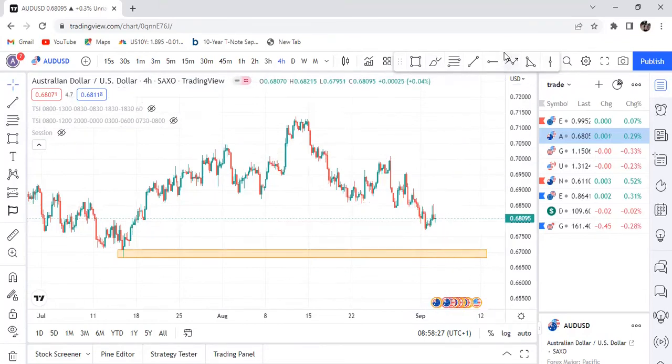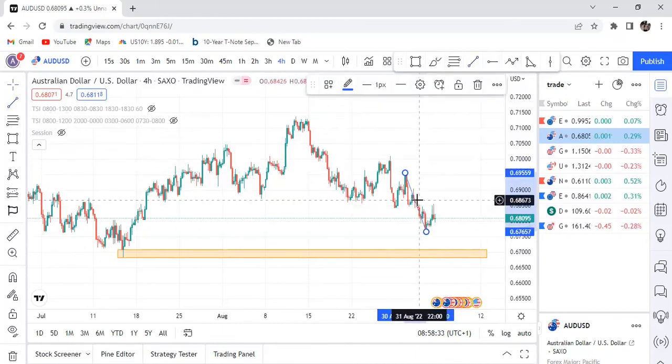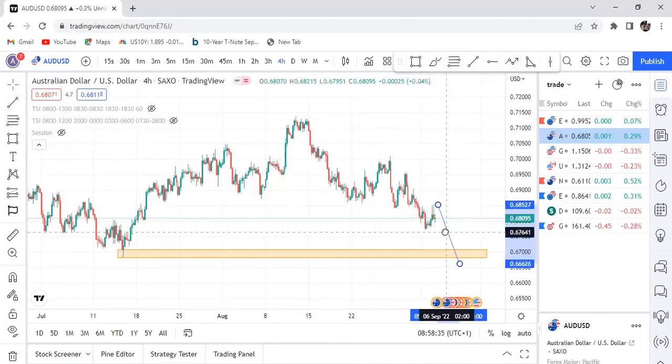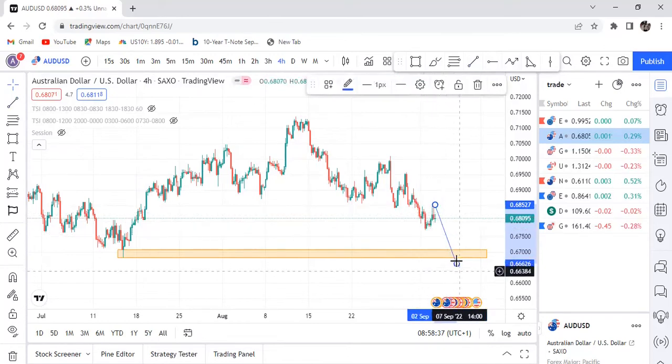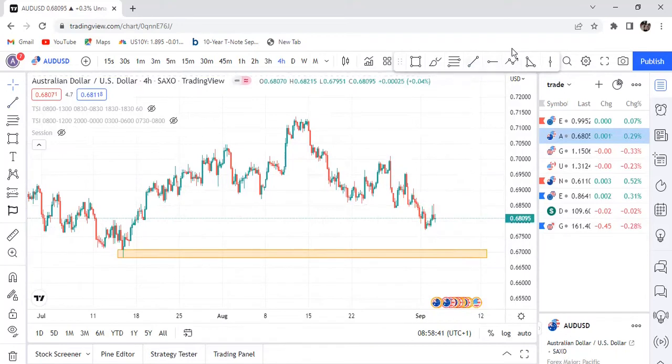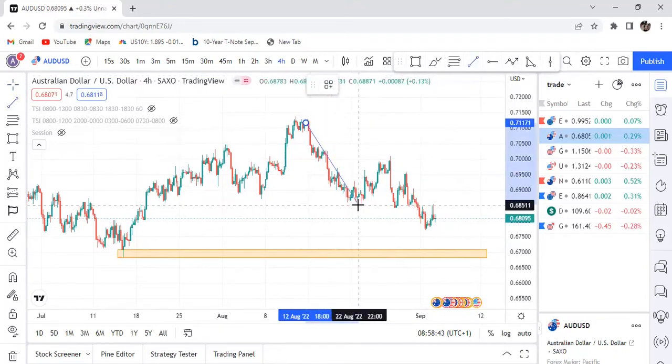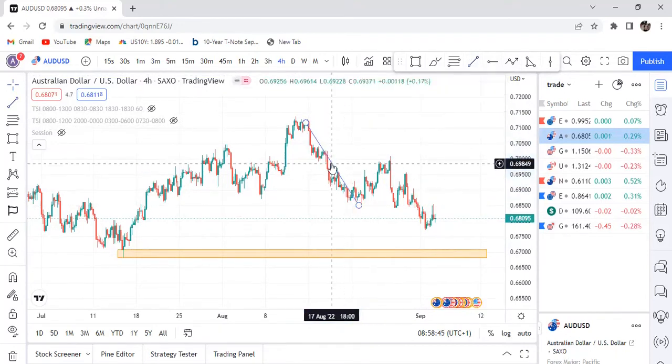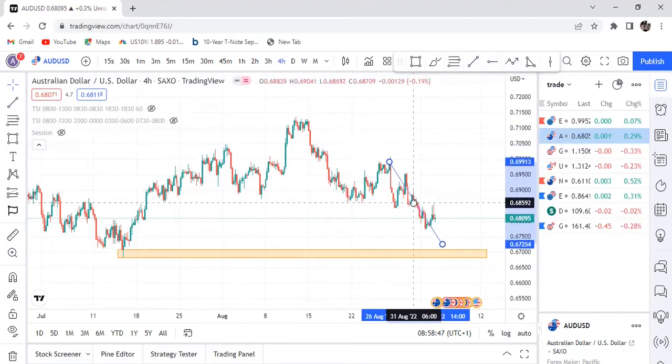That's just the idea. You can decide to take this one as one leg, then take this one as the second leg, leading into this area. Or you can take this one as one leg, then this one as the second leg.